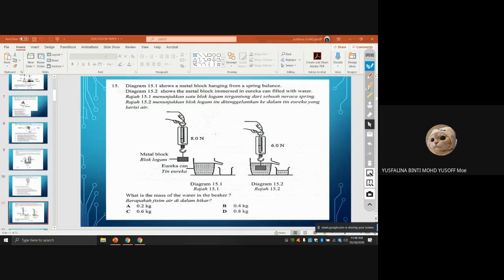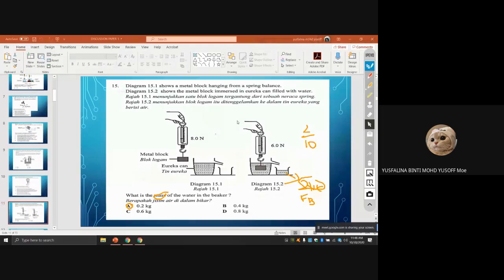This is also called the buoyant force. They want you to find the mass, so you have to change it to mass. So 2 divided by 10. The answer is A. So number 15, the answer is A.